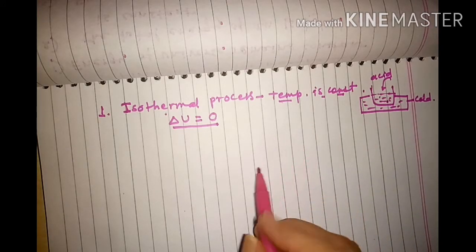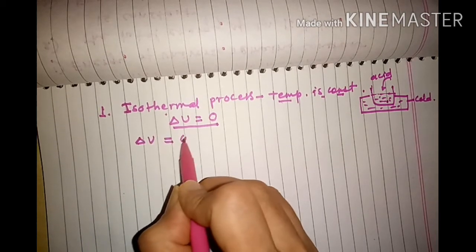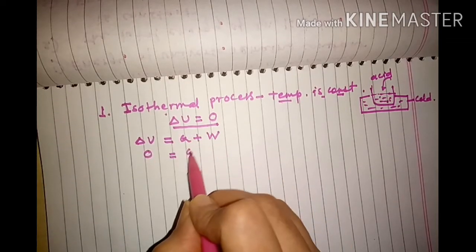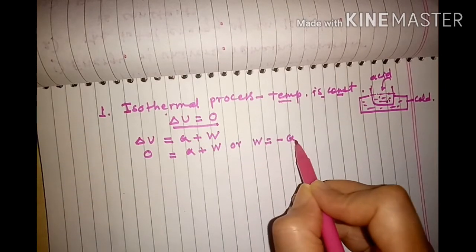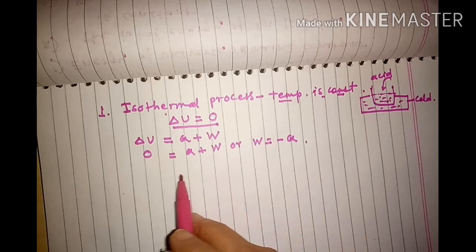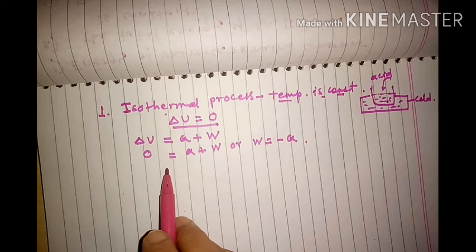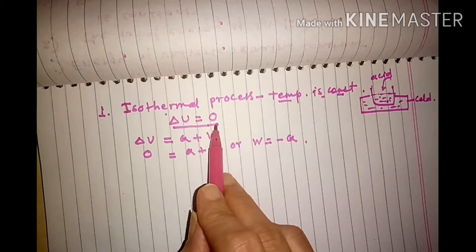Now for the isothermal process, applying delta U equals Q plus W, the first law, here delta U equals 0, so 0 equals Q plus W, or W equals minus Q. So the heat absorbed by the system is entirely used for doing work. Suppose heat is absorbed and used for doing work on the surroundings, resulting in no change in temperature, so delta U equals 0.